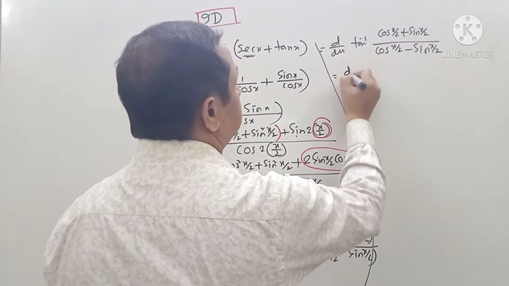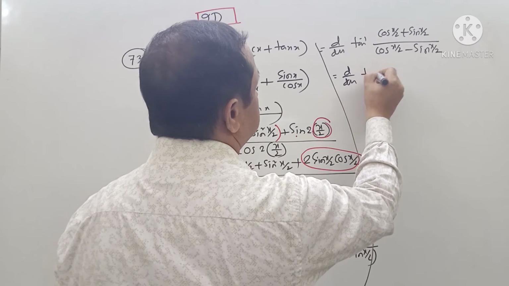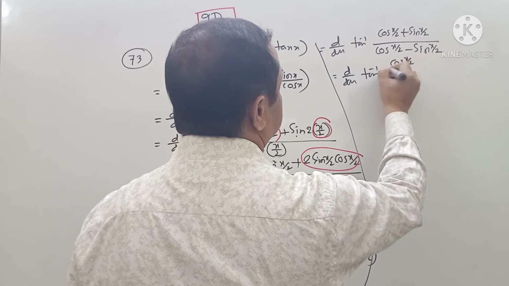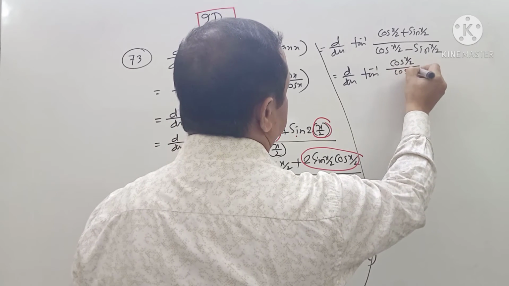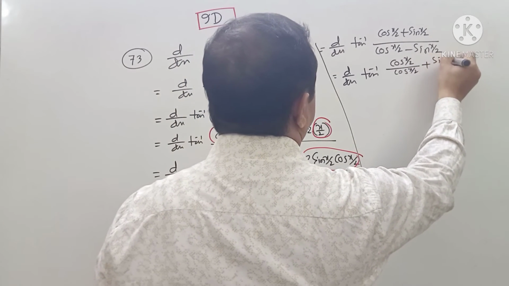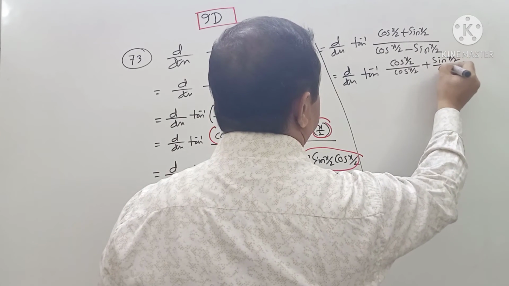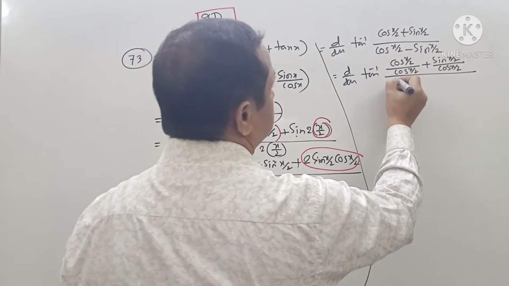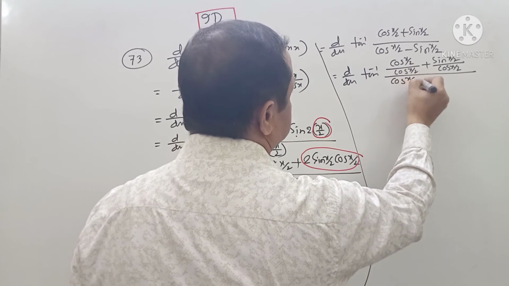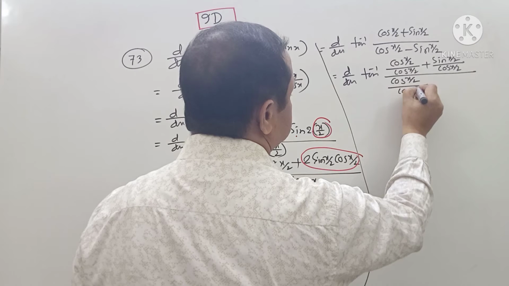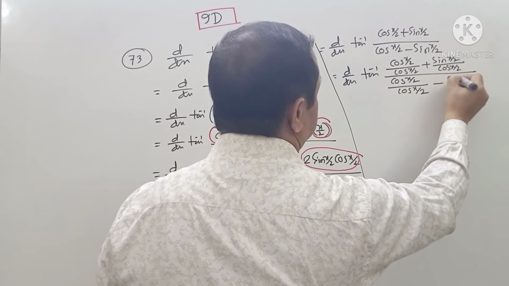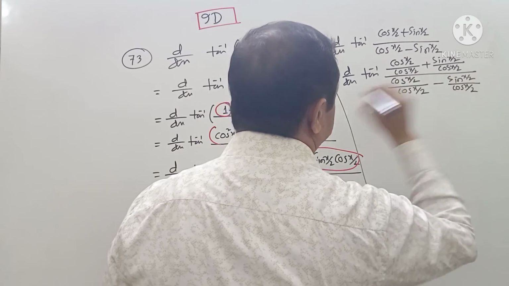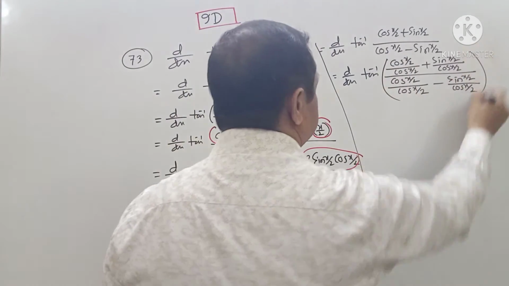Now d/dx of tan inverse, dividing numerator and denominator by cos x/2. Here the denominator will be cos x/2 by cos x/2 minus sin x/2 by cos x/2. Student, attention please.